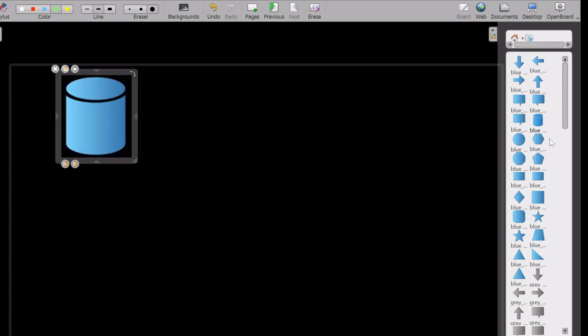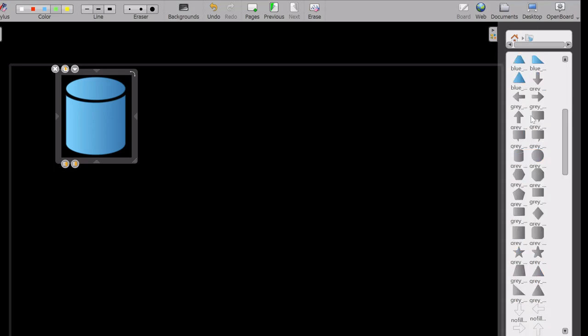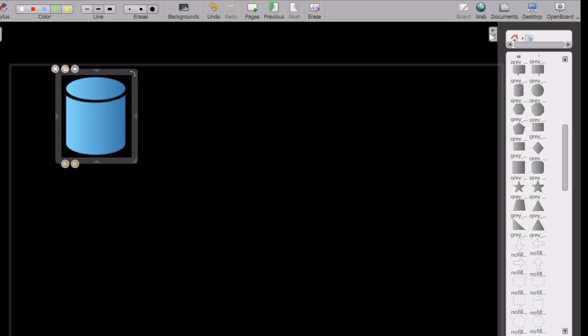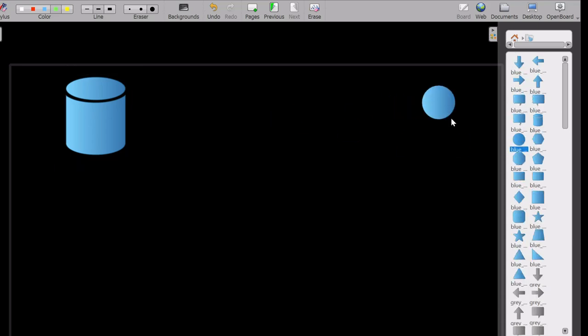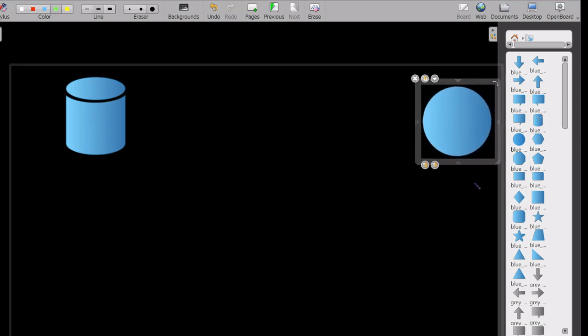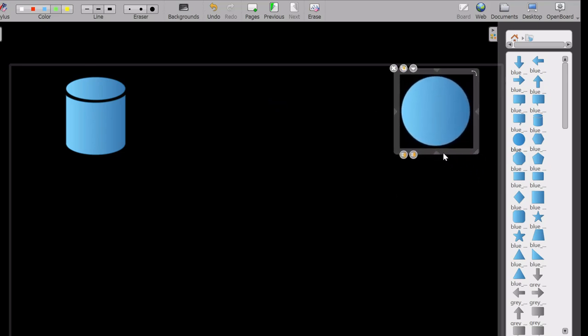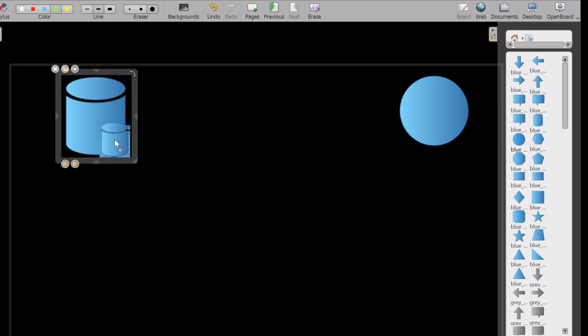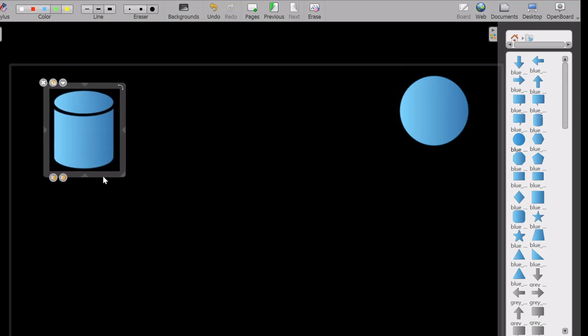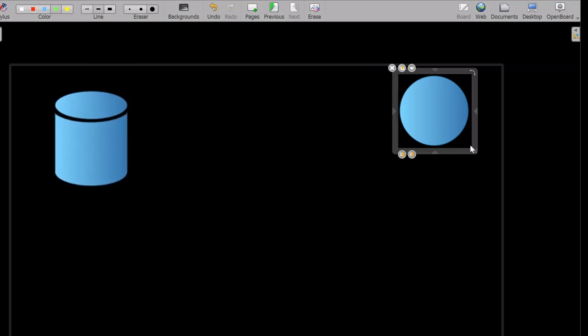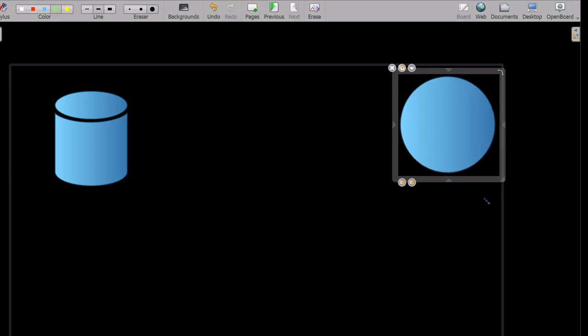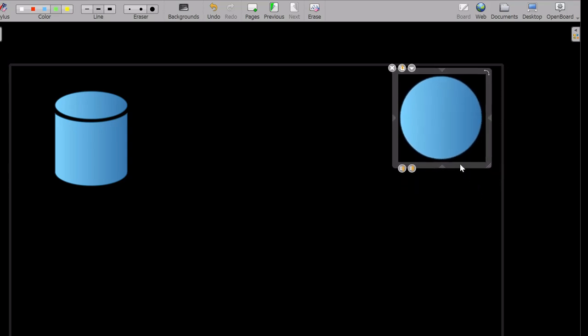There are cylinders, cones, spheres, and hemispheres as well. Hemispheres are important.